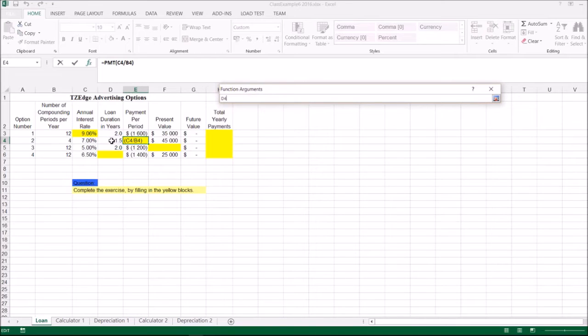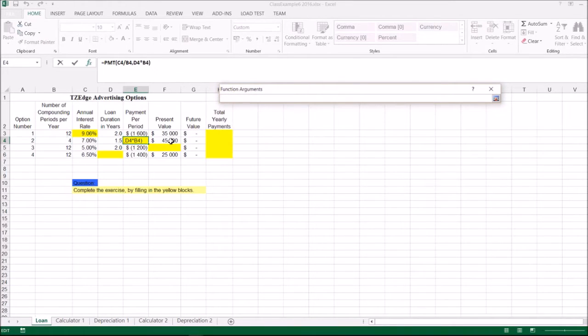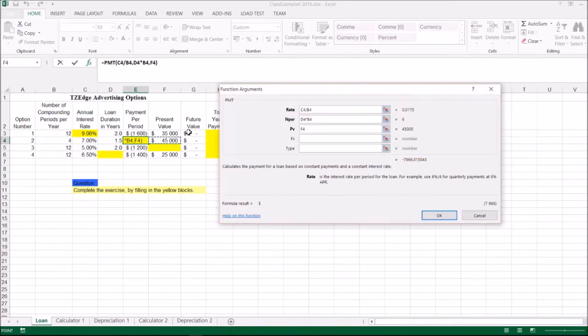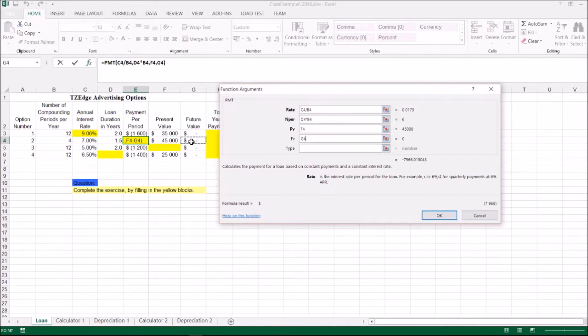You also need to multiply the loan duration in years with the number of compounding periods per year. And once again, select your future value. You will then get that answer there.